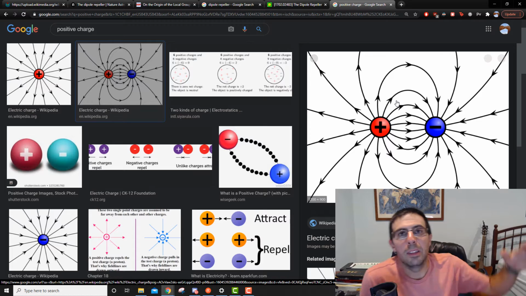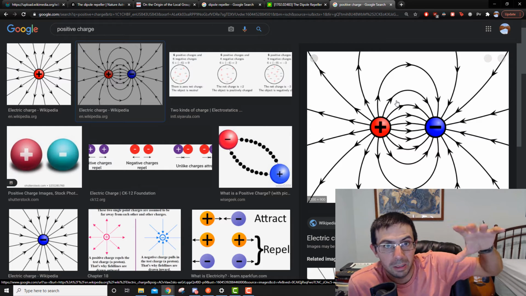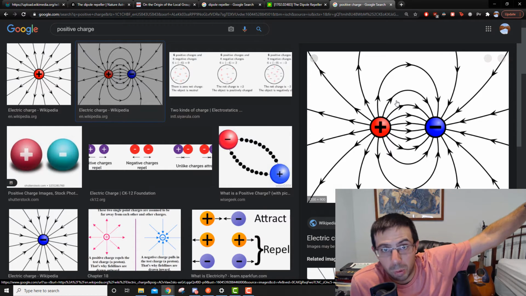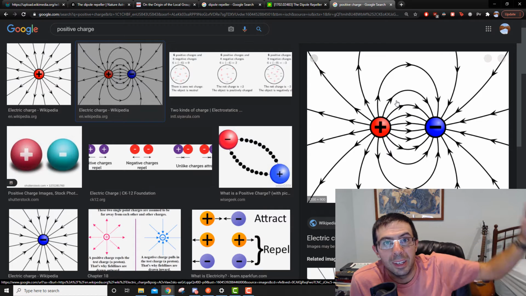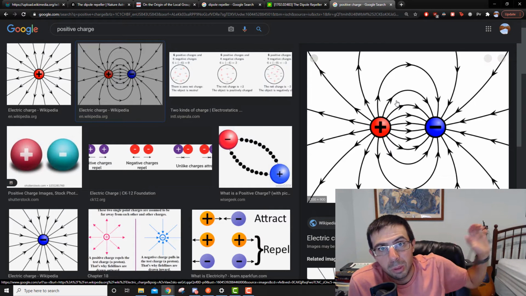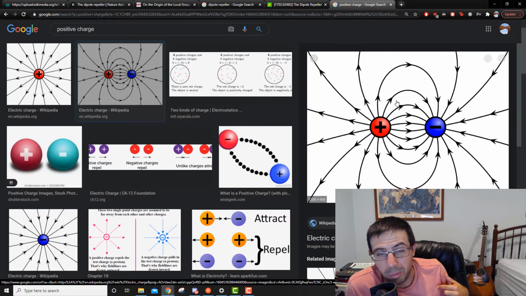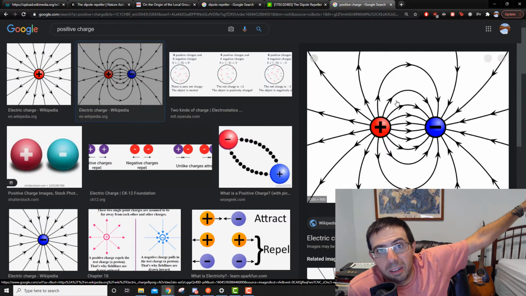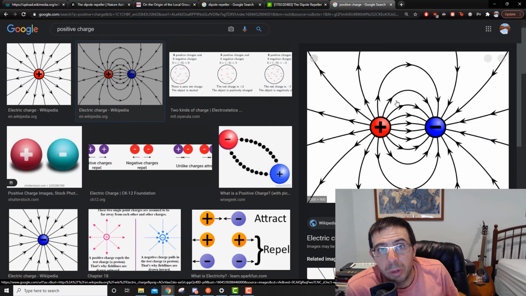And so the difference in these is a positive is pushing out more than the environment, whereas a negative charge particle is pushing out less than the environment. The environment's flowing inward. It can't push out enough because it's too low energy. And so it's observed as a negative charge.